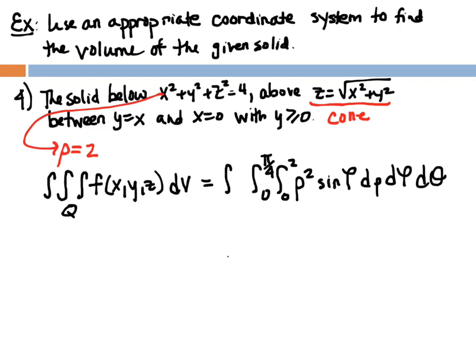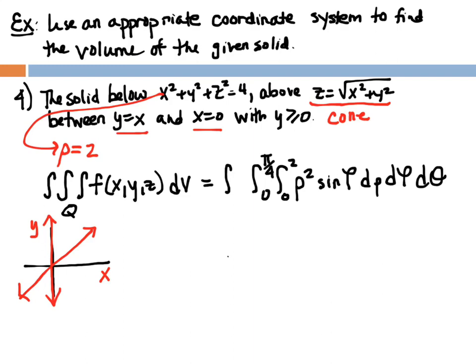All right, to think about how we're going to get those limits of integration, this is, if you'll remember, in the xy plane. So here's my xy plane. The two pieces of information that I've yet to use are y equals x and x equals 0. This is my y-axis, and this is my x-axis. The line y equals x goes straight through like this, and the line x equals 0 is the vertical line going through here.